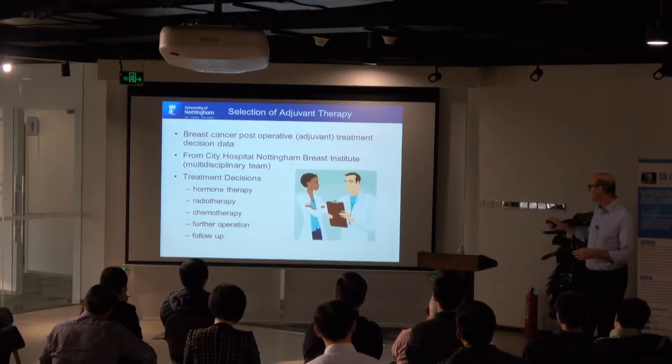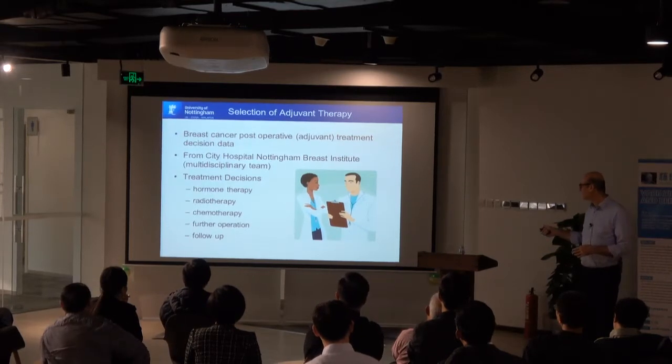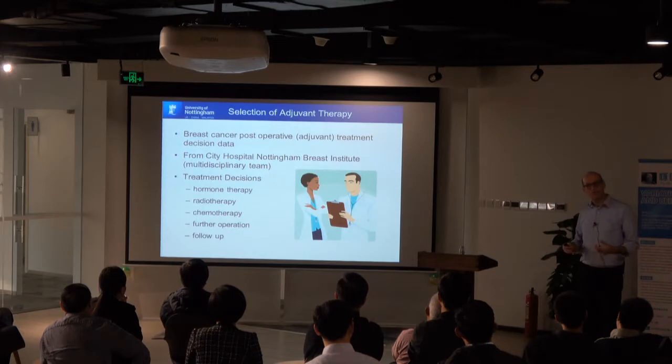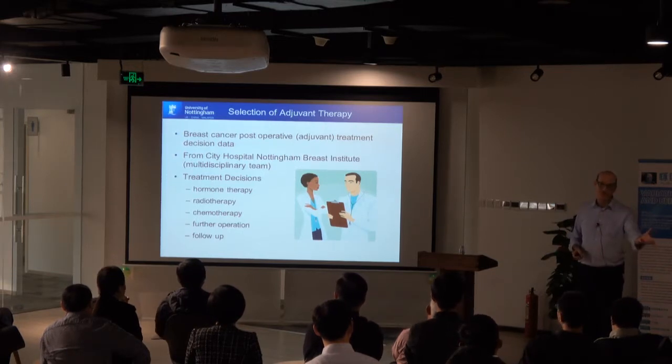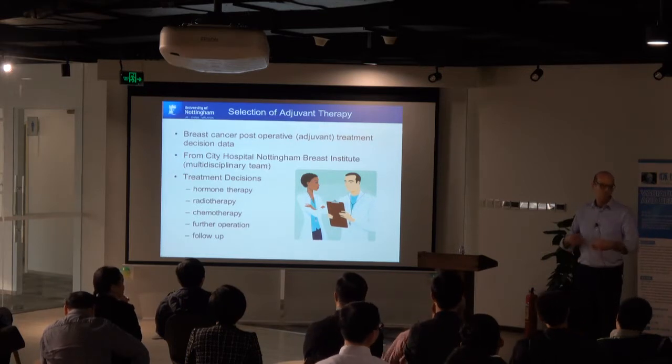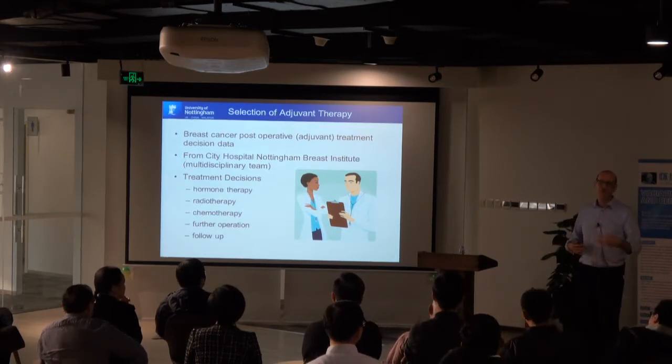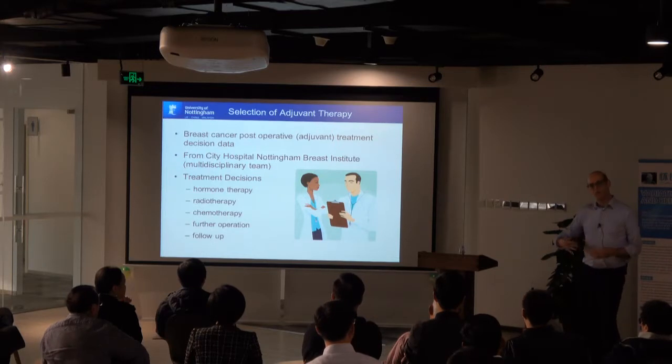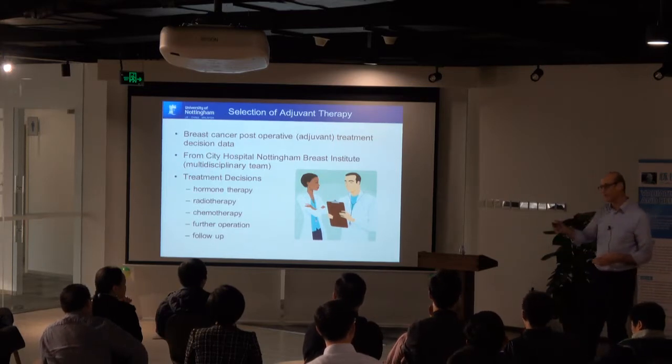The problem is post-operative treatment. The medical term is adjuvant therapy. In any medical field, there's two primary things: diagnosis, have you got cancer, and prognosis, which is how do you treat the disease, and what's going to happen to someone, are they going to live or die.